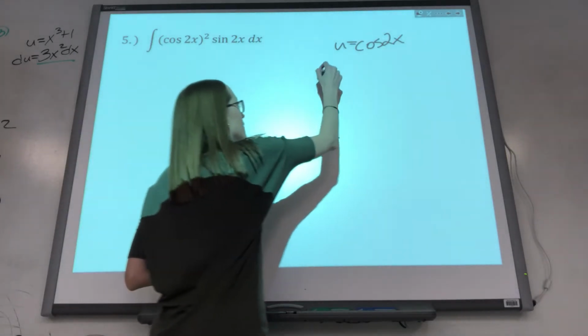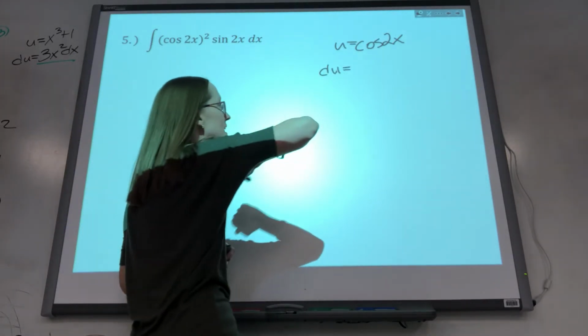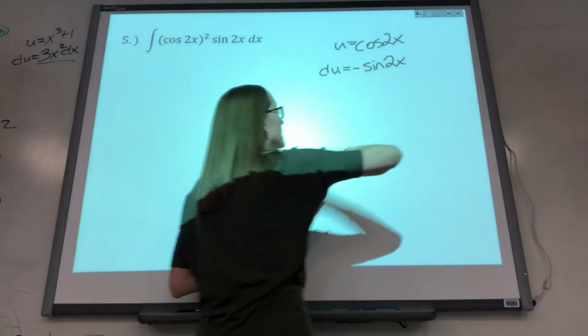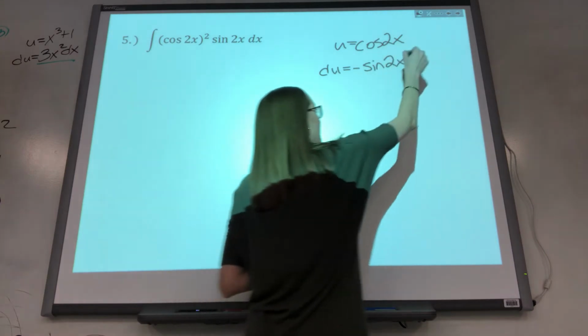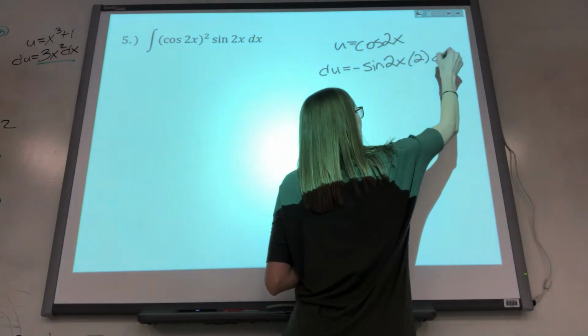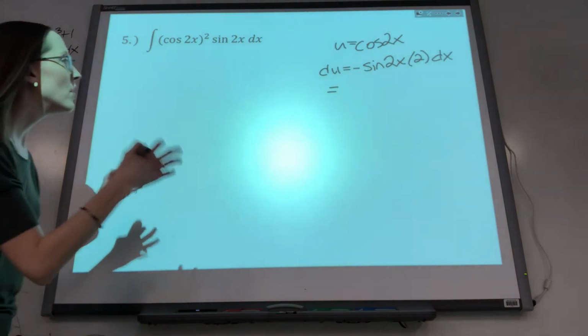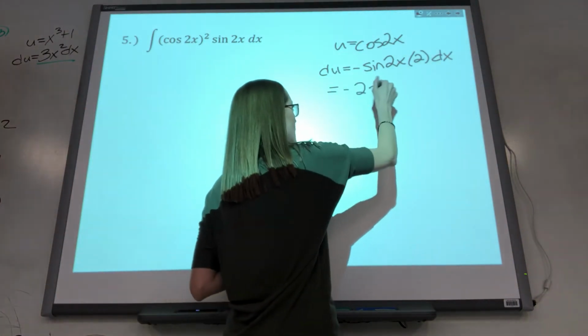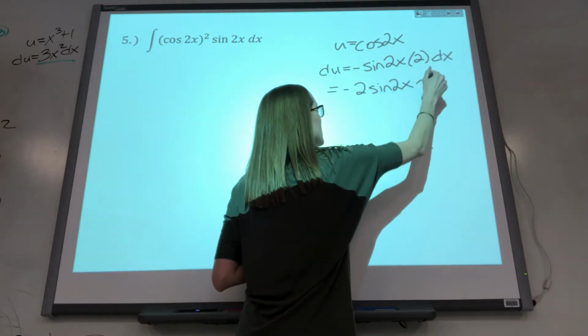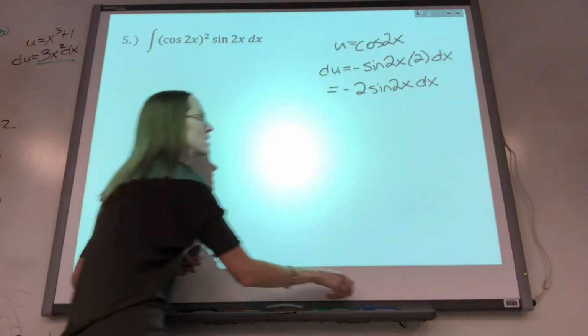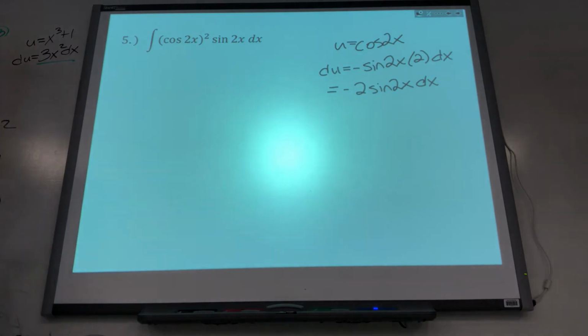And now I have to figure out du. Derivative of cosine is negative sine. So then I have to take the derivative of the 2x, which is 2, and putting that all back together, it would look like this. Negative 2 sine of 2x dx.